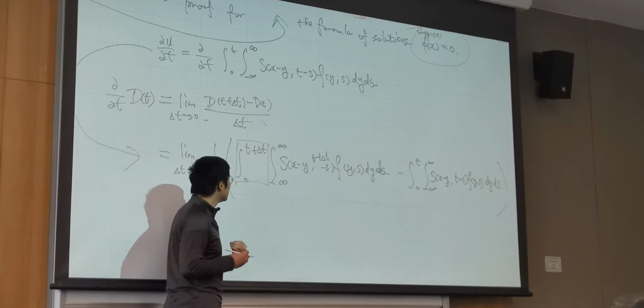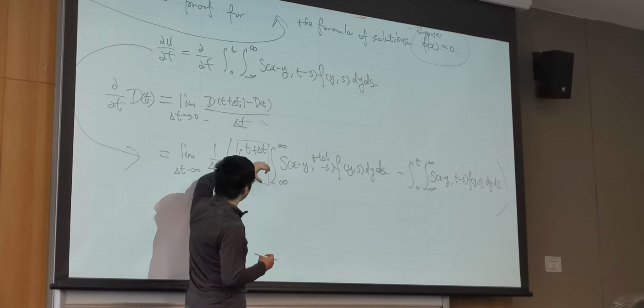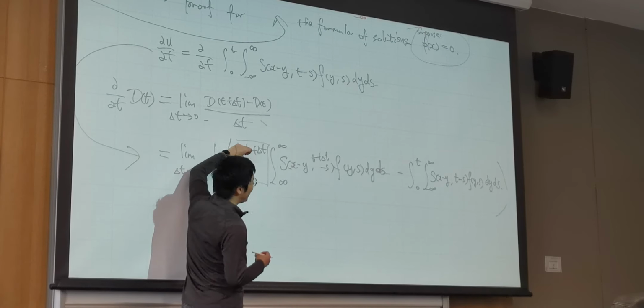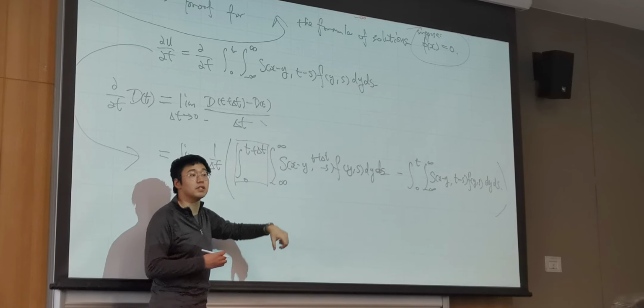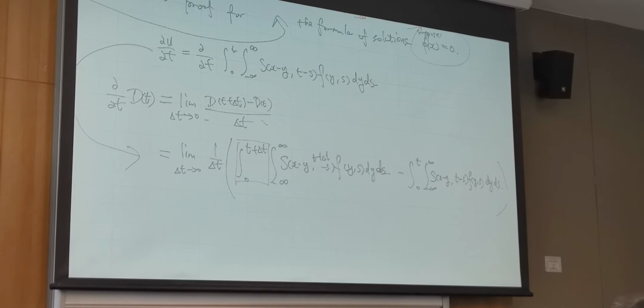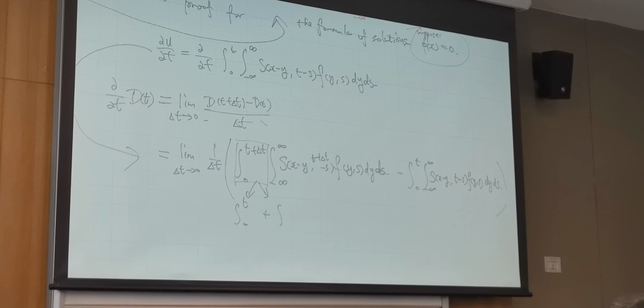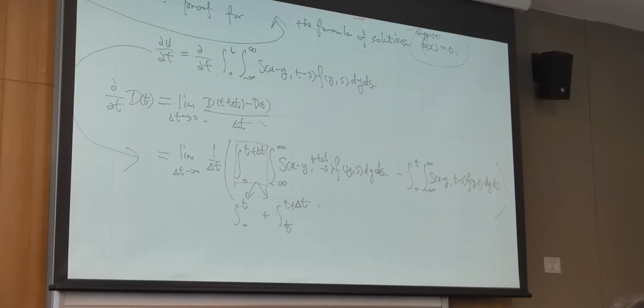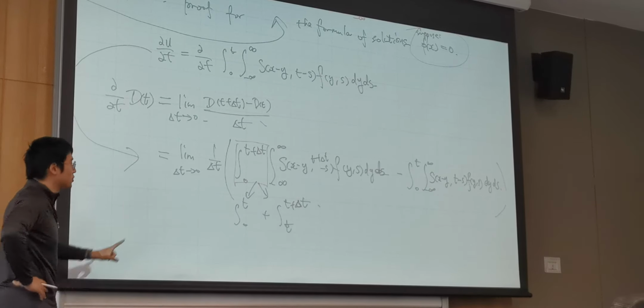Which drives me to separate the first integration into 0 to t, and then from t to t plus delta t. Sounds good? I'm just simply splitting one integration into two.